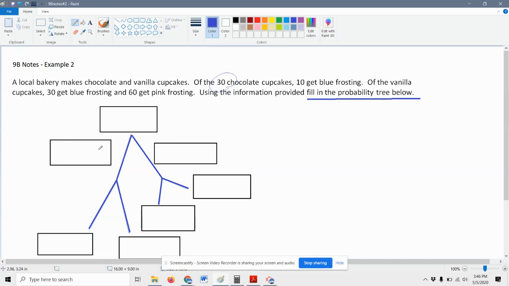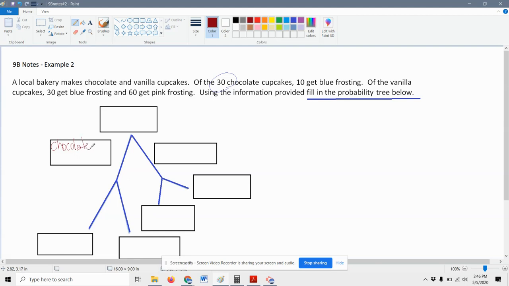Okay, so now we know that there's blue frosting and pink frosting, vanilla cupcakes and chocolate cupcakes, and that's all the information we have. So we know that we've got a bunch of cupcakes, and we've got some that are vanilla and some that are chocolate. So we know that these two branches are the vanilla and the chocolate. Okay, so we're going to go ahead and put the 30 chocolate cupcakes over here, and I'm picking here just because that comes first in the sentence.